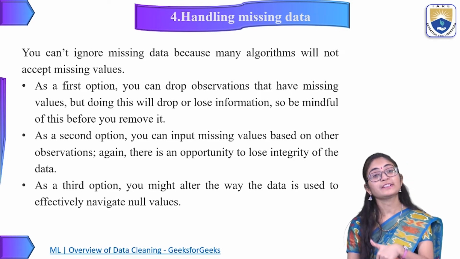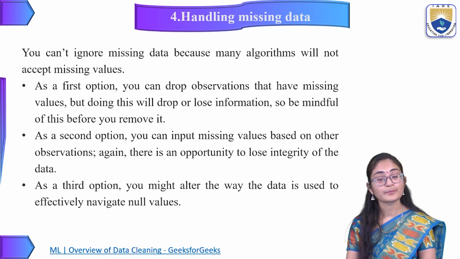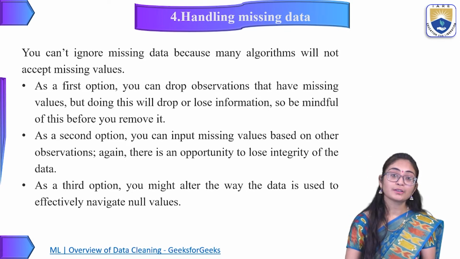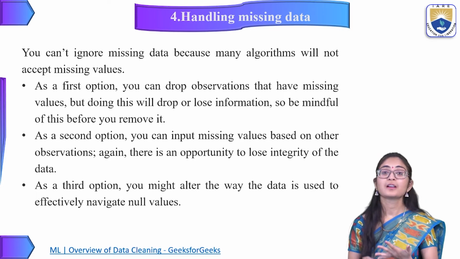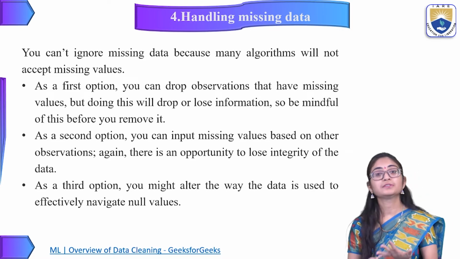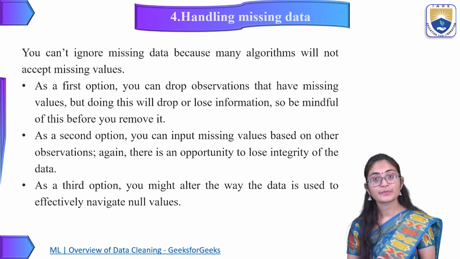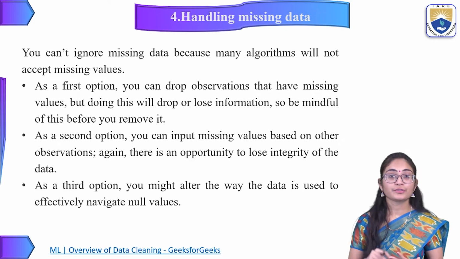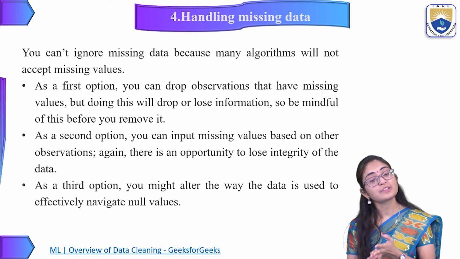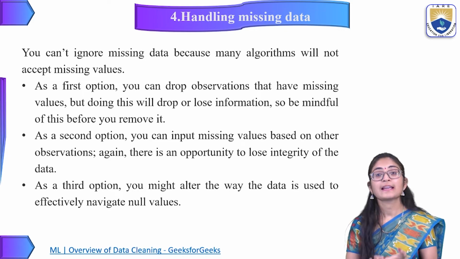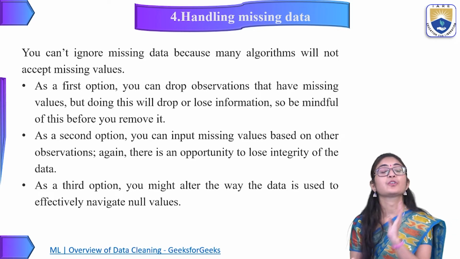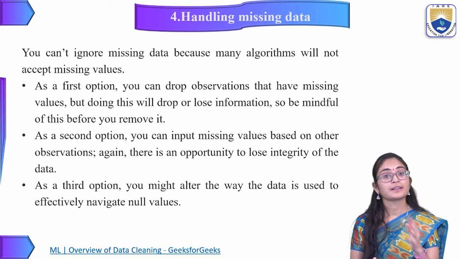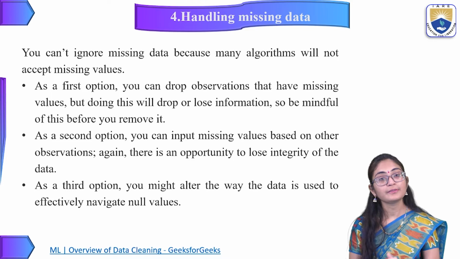You have to find a solution for it. How will you find it? There are three options. First, you can drop the observations. Second, you can input the missing values, or third, you can alter the way the data is used.